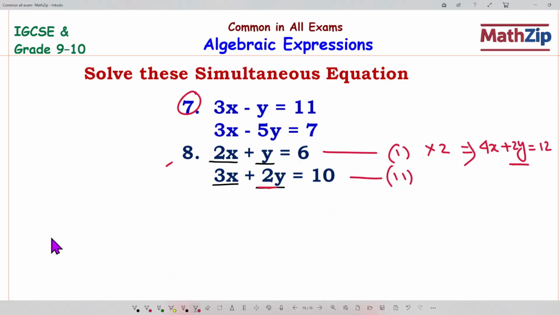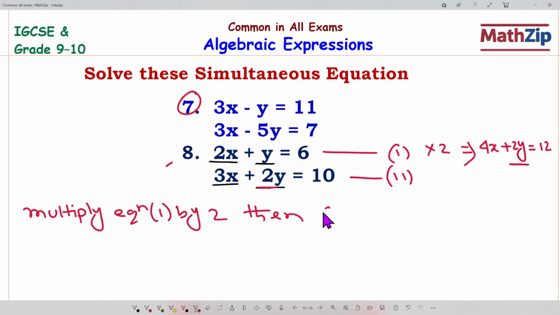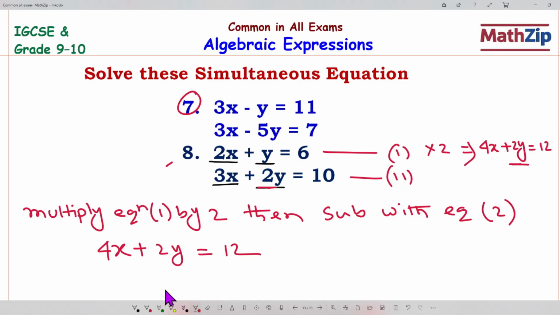So we can do like this: multiply equation 1 by 2, then subtract equation 2. Once we multiply, it becomes 4x plus 2y equals 12, right?